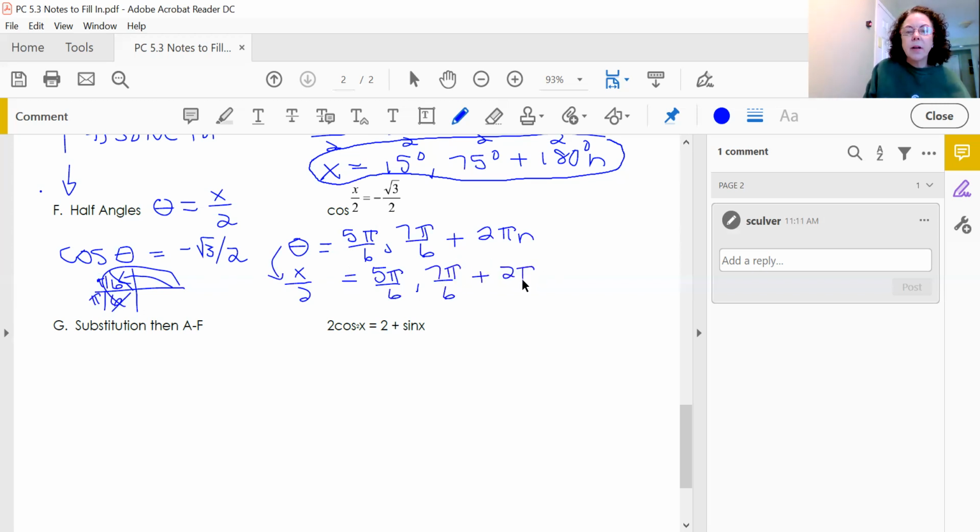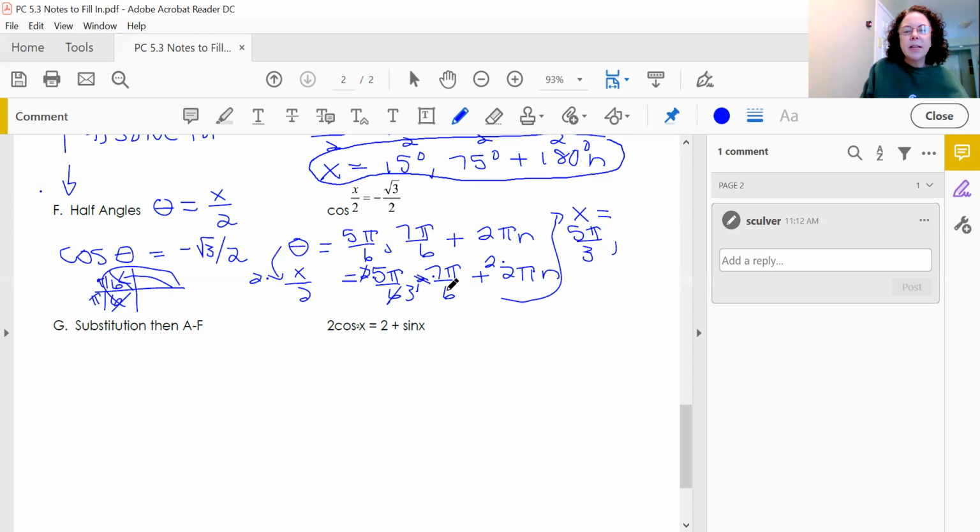Let's take a look there by multiplying everything by 2. I've kind of run out of room, so I'm going to list all the solutions right here. X equals, let's see, the 2 cancels and leaves a 3 in the denominator, 5 pi over 3.